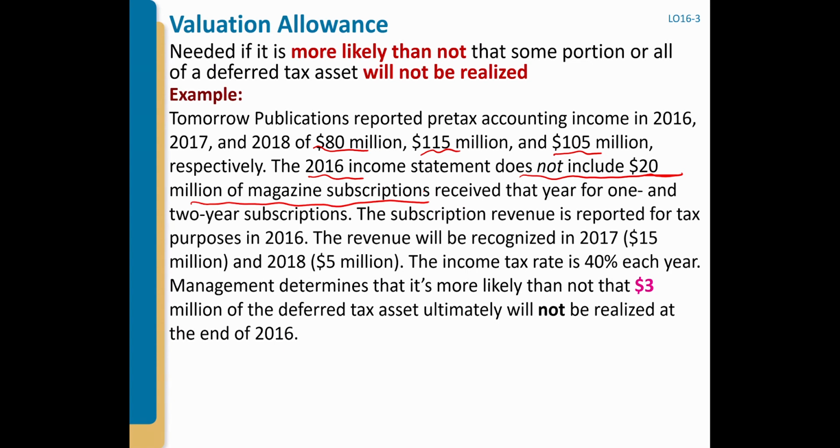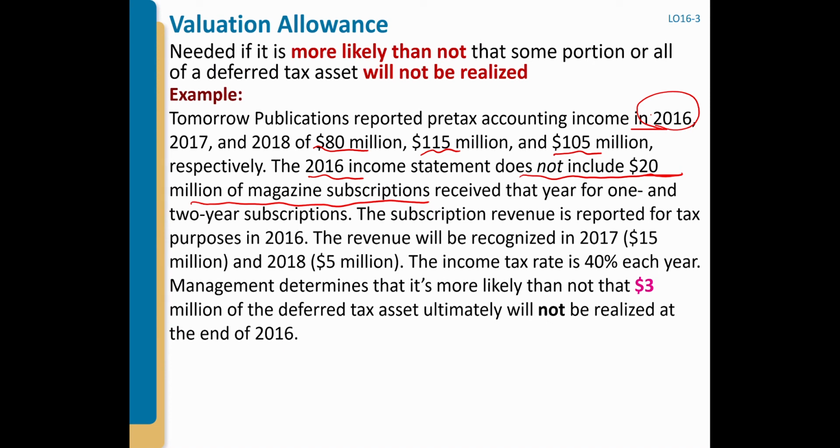But you need to pay tax on that. That should be included in your taxable income. Okay, that makes taxable income greater than accounting income in the year 2016. So that's how we get deferred tax assets.